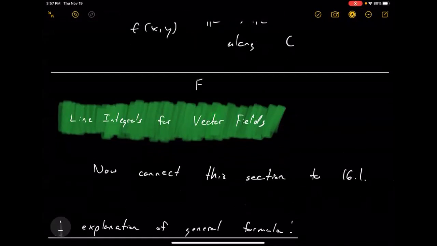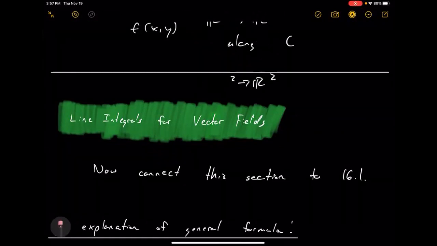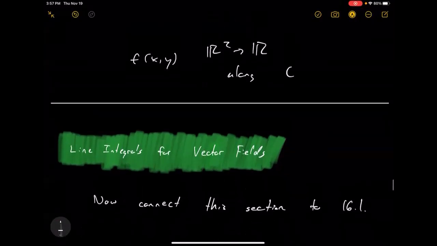Remember what these vector fields are: they're functions from R2 to R2. So what does that kind of integral look like? I'm still going to be integrating along a curve, but what's happening when I integrate a function R2 to R2?